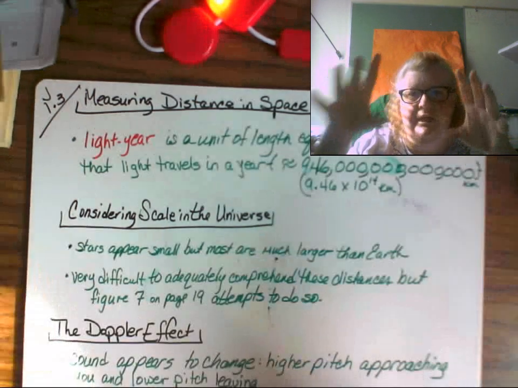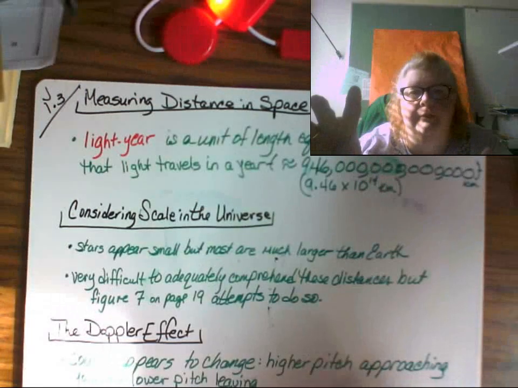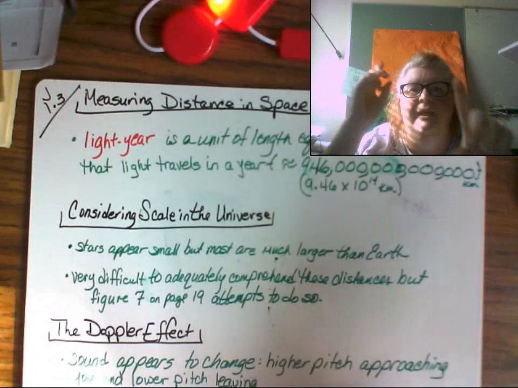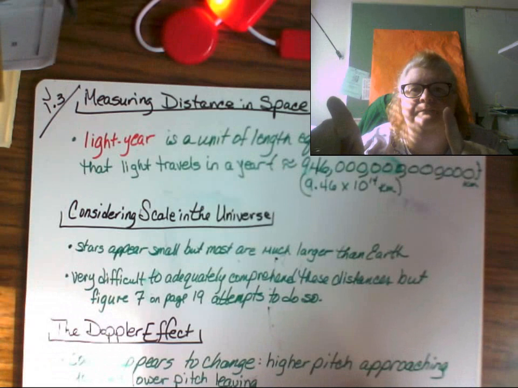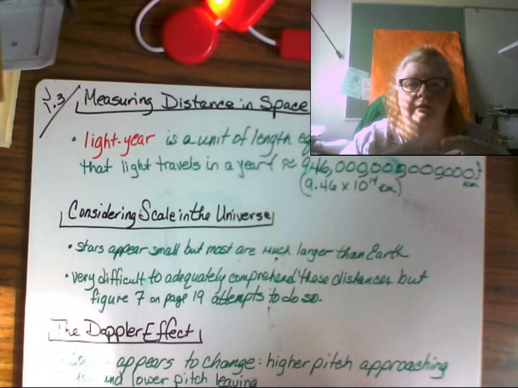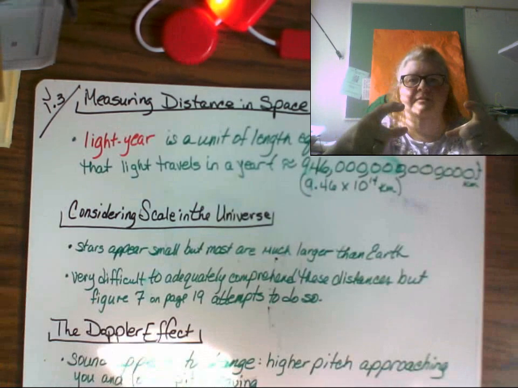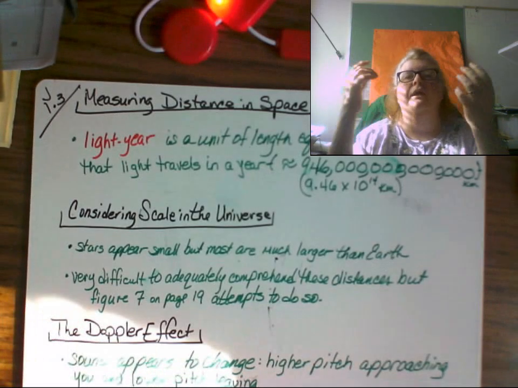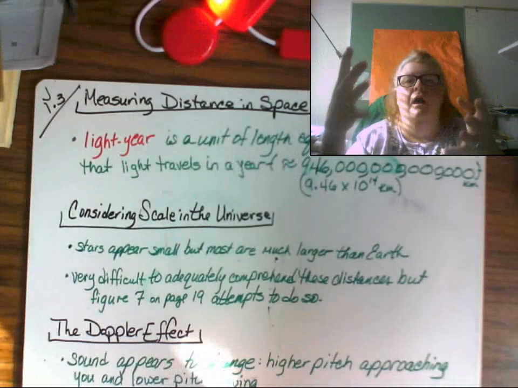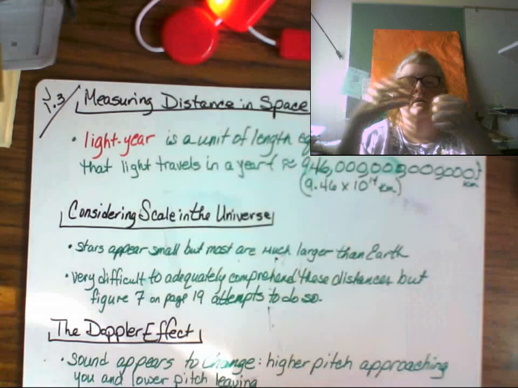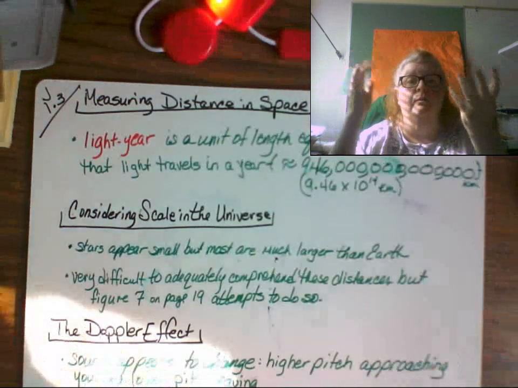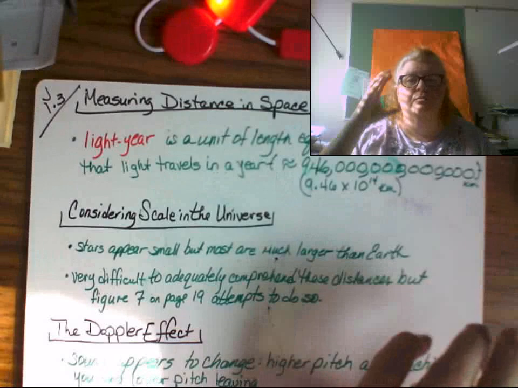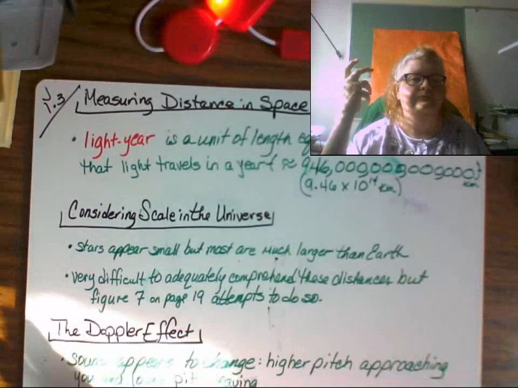But there is a table in your book, or an illustration in your book. It's on page 19, figure 7. And so they're showing you, like, here's home plate, and then here's this many miles away, and this many miles, and keeps taking you out further and further. So it's trying to give you an idea of just how big a light year is. But it's still, for some people, really impossible to just wrap their head around it.